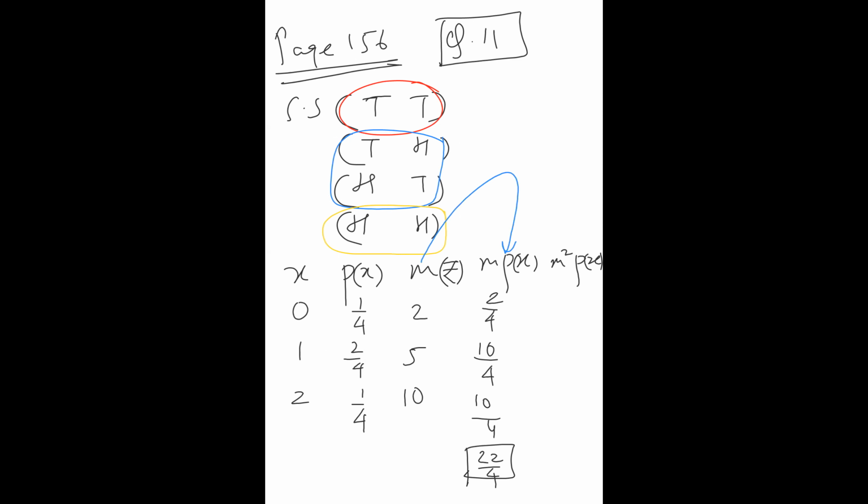So 2 into 2 by 4 is 4 by 4, then 50 by 4, and 100 by 4. We are multiplying the entries in these two columns with each other. So the total over here is 4 plus 50 plus 100, that is 154 by 4. Right? Correct.